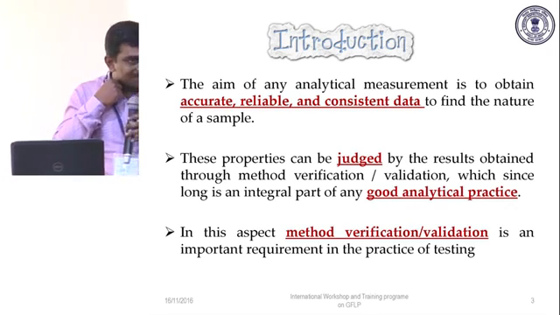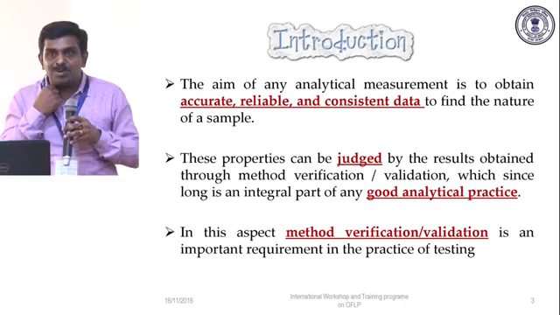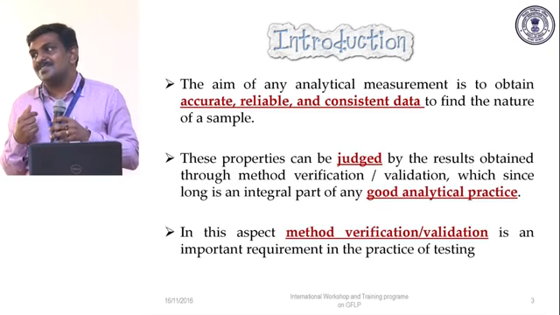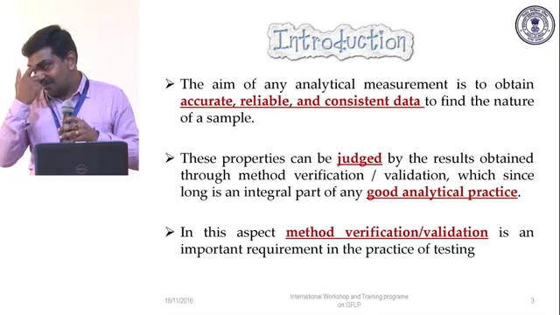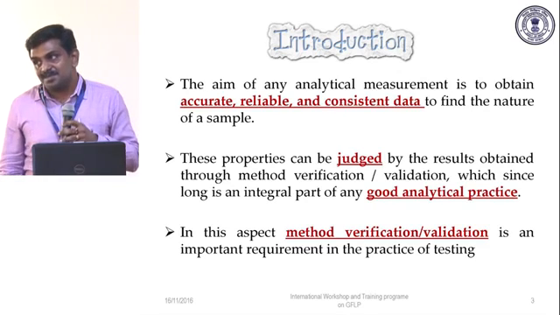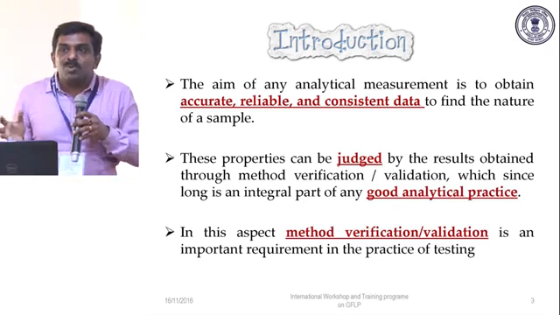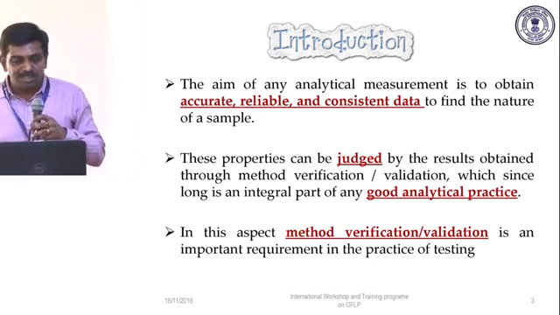And verification means the performance check of an already validated method in our lab. Generally, for non-standard methods, first we validate, and if a standard method is present, then we verify it in our laboratory that it is fit for the purpose. I think what he has told is more precise, in a small sentence.